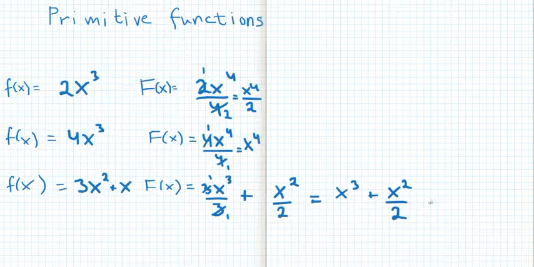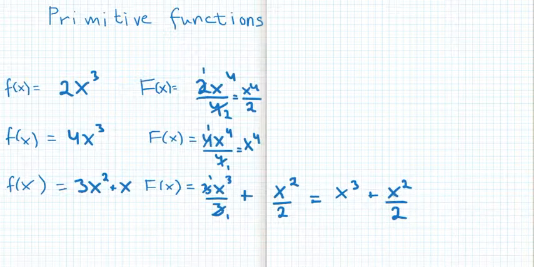We know that the 3 goes in front, so it's going to be 3x to the power of 2. So this term is correct. The second term, the 2 goes in front, x to the power of 1. We're just going to write 2x over 2, and then we can cross out the 2s, so we have x, and that's the second term.